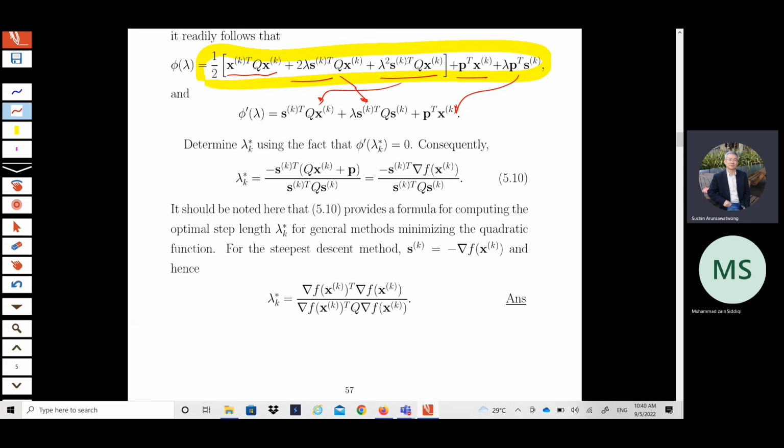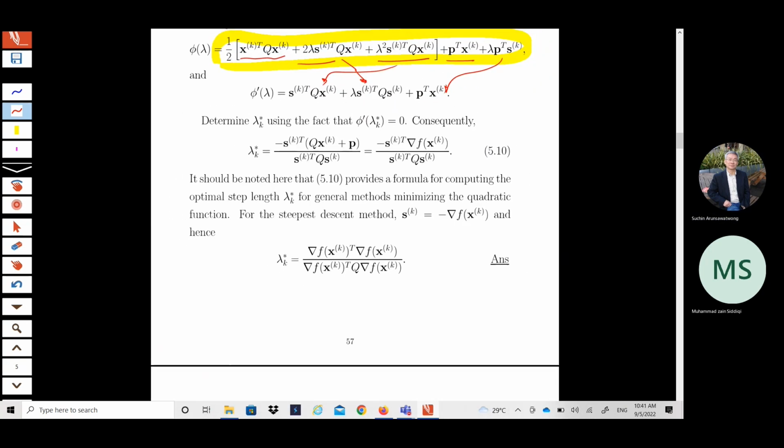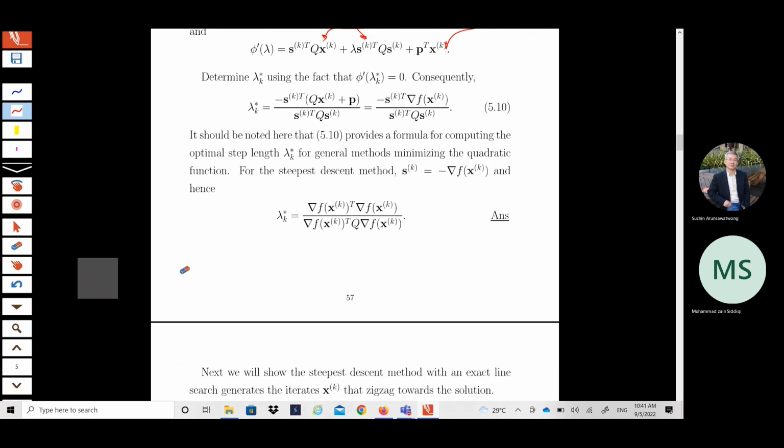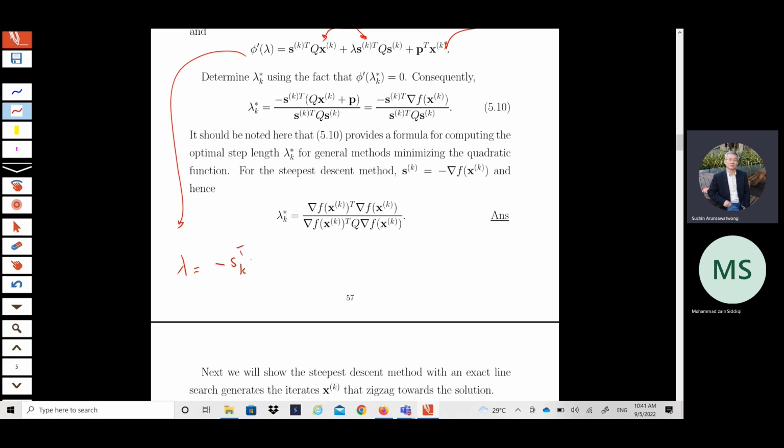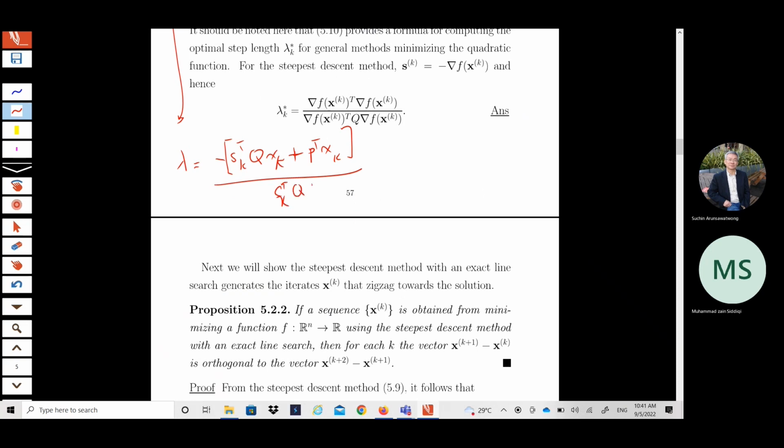You can see here that the solution is lambda equal to minus sk transpose Qx plus e transpose xk, divided by sk transpose Q sk.